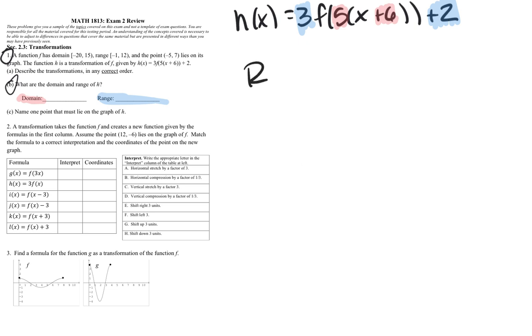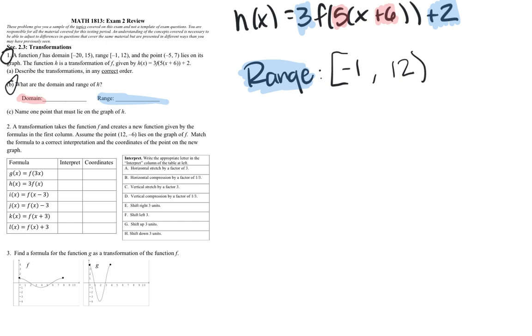We're going to do the same thing for the range, except we're only applying the blue transformations this time, because those are the only ones that affect our range. Our original range was 1 to 12.